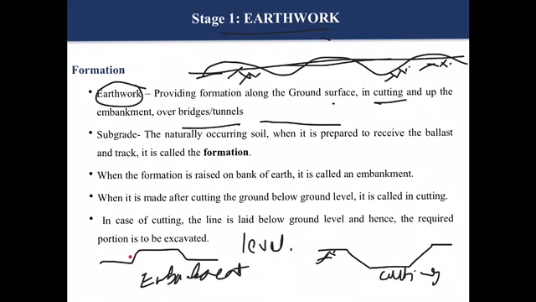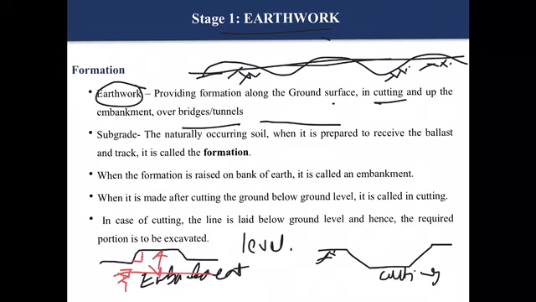If the formation is taken above the ground level, we call that an embankment, and if it is taken below the ground level, we call that a cutting. Now when the alignment is taken along the embankment, we have to carefully look into the slope of the embankment provided, and also the level of groundwater with respect to the formation level.